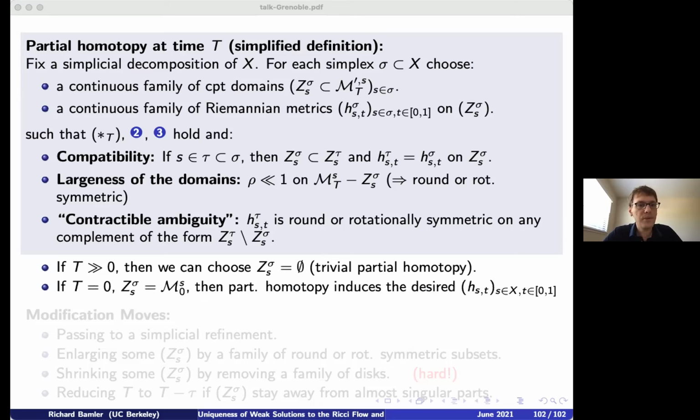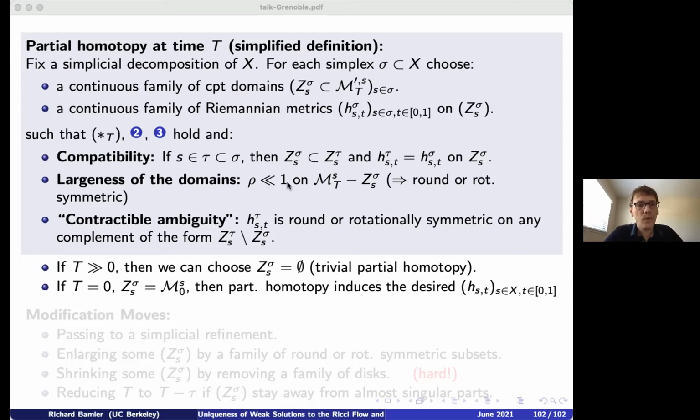And then if T is equal to 0, this condition means that C sigma S has to be M S 0, because we assume at time 0 that the curvature is bounded by some constant.